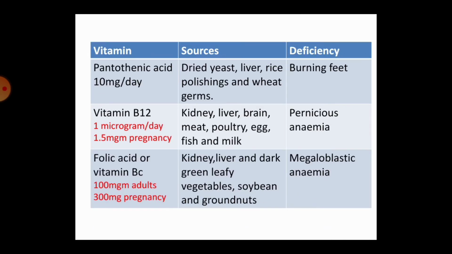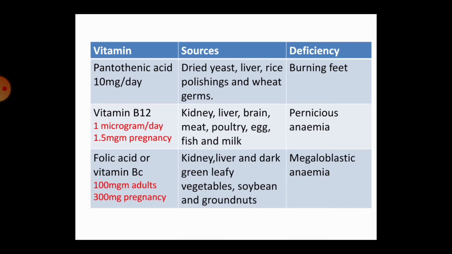Then pantothenic acid, 10 mg per day is required. Sources of pantothenic acid include dried yeast, liver, rice polishing, and wheat germ. Deficiency of pantothenic acid leads to burning feet. Another important vitamin is vitamin B12. The daily requirement is 1 microgram per day and 1.5 micrograms in pregnancy.